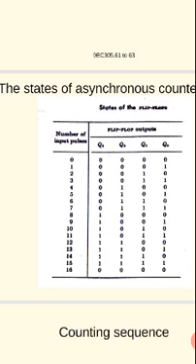For 0, it shows 0 0 0 0. For 1, it shows 0 0 0 1. For 2, it shows 0 0 1 0. For 3, it shows 0 0 1 1.